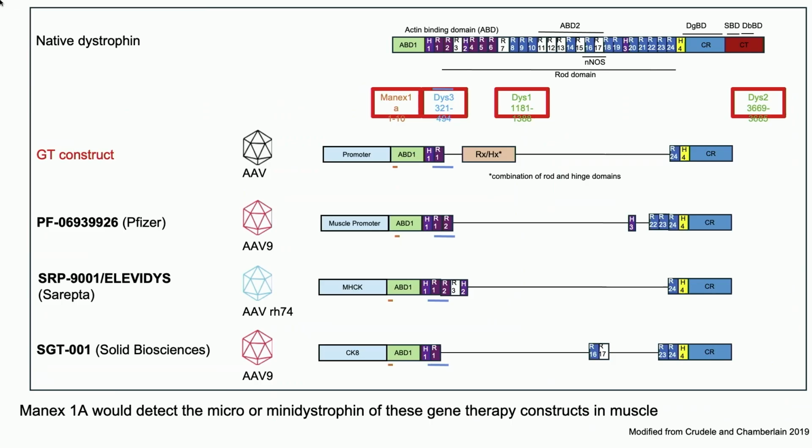So those are mutations across the full-length gene up above, where parts of it are missing. For the most part, we're looking at just absence of dystrophin in most Duchenne individuals. And now we have a variety of other types of dystrophins. These other dystrophins, we're also calling them dystrophins.